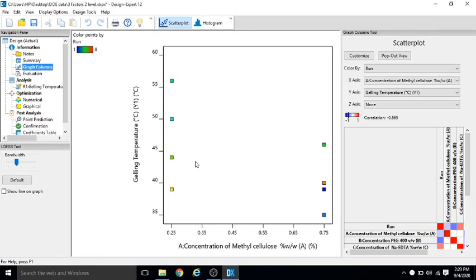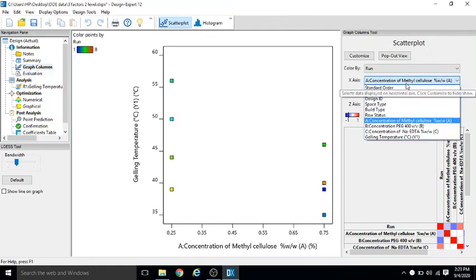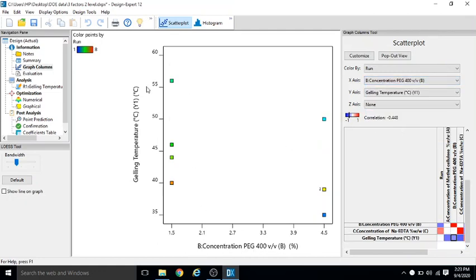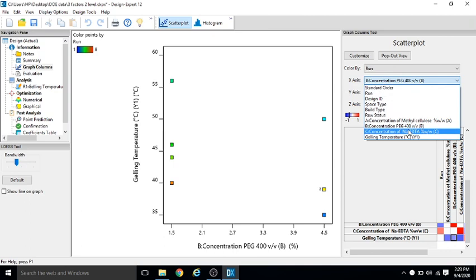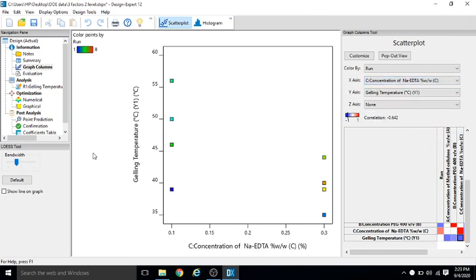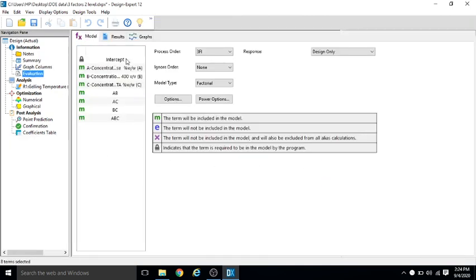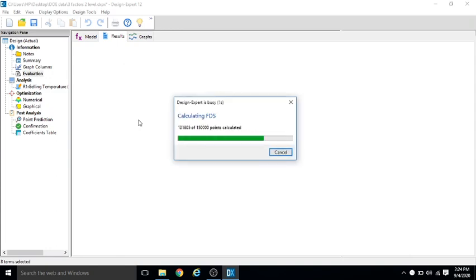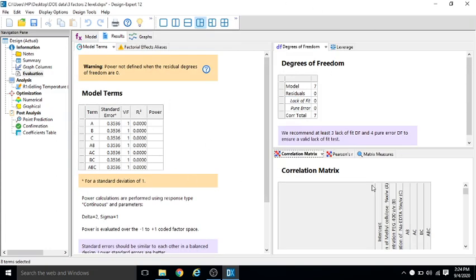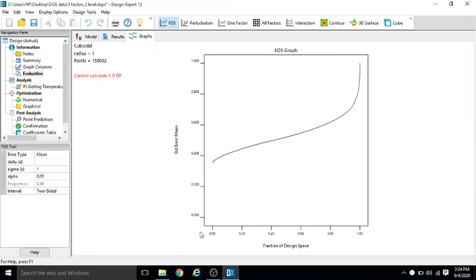So this will give you the data: gelling temperature and the concentration of methyl cellulose, gelling temperature and the concentration of PEG 400, and gelling temperature and the concentration of sodium EDTA. Evaluation, so result. This will not give us much information, right? So this is graph.